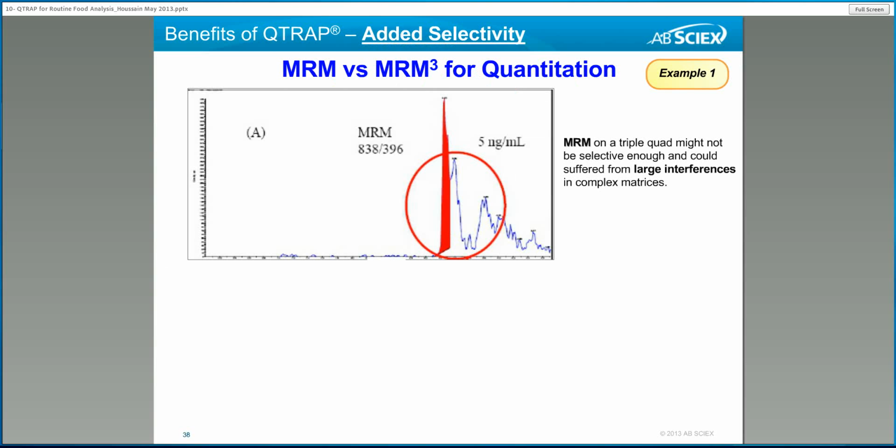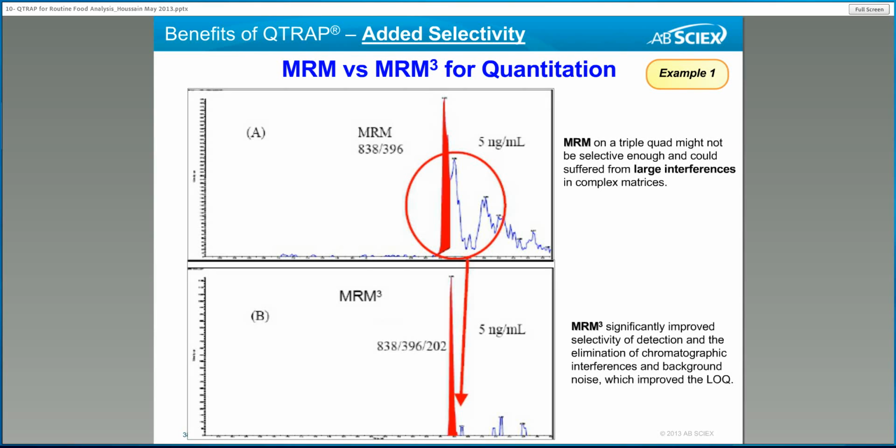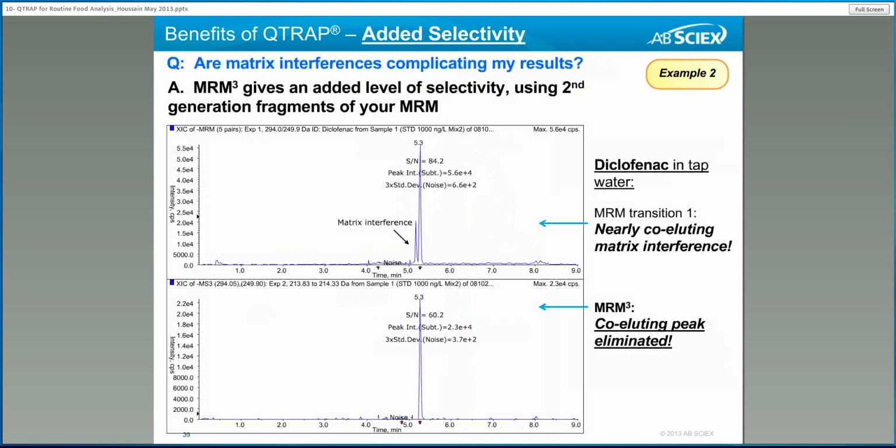So here is an example showing the significantly improved selectivity for detection using MRM³. Here, the elimination of chromatographic interference and background noise is very visible, which will improve the limit of quantification of the detected peak.